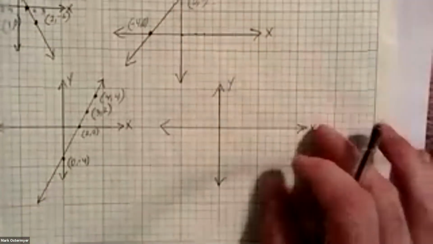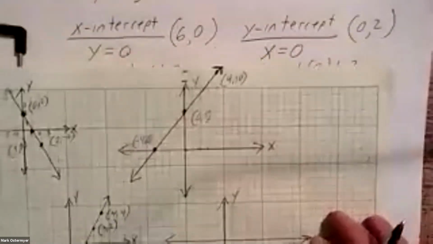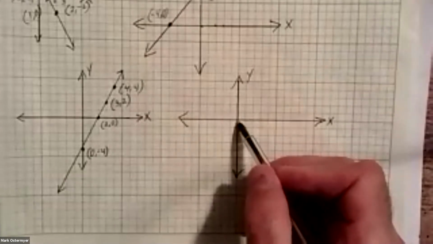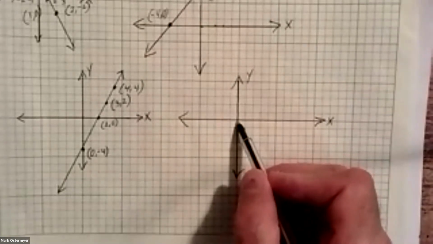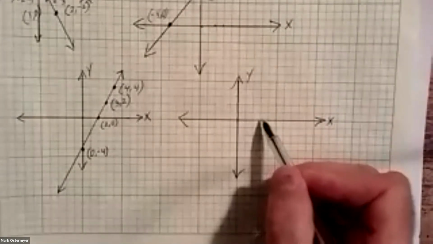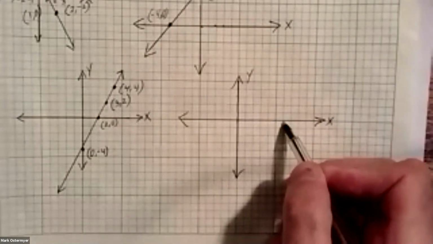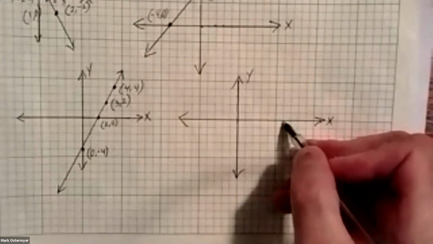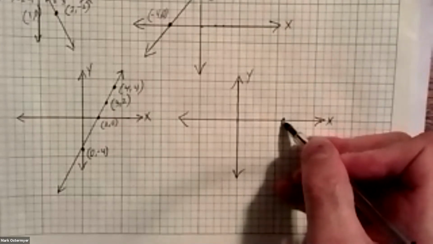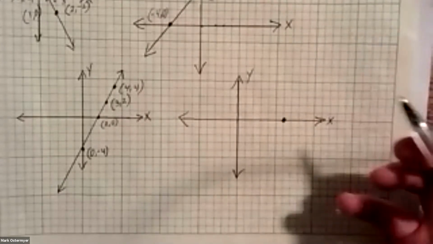And then I'm going to plot these points here. 6, 0. How do I plot 6, 0, the x-intercept? Start at the origin, and move 6 to the right. 1, 2, 3, 4, 5, 6. Don't go up or down because the y coordinate is 0. 6, 0 is a point on the x-axis. That is our x-intercept.